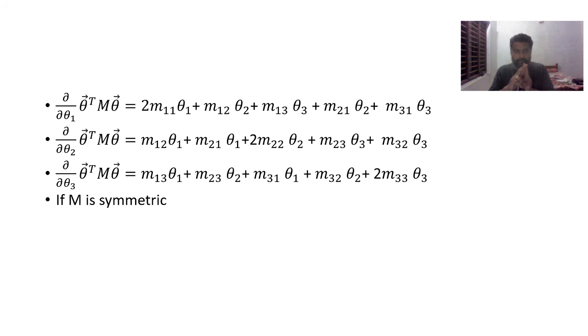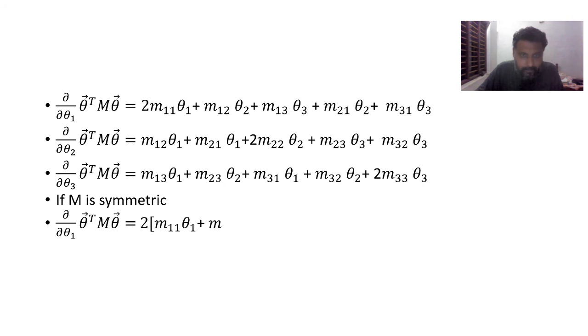So I can represent the first equation as 2 m11 theta 1 plus m12 theta 2 plus m13 theta 3, the first case dou by dou theta 1 of theta transpose M theta. I will take the 2 outside the bracket, so 2 into m11 theta 1 plus m12 theta 2 plus m13 theta 3.